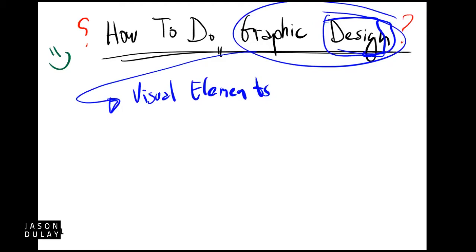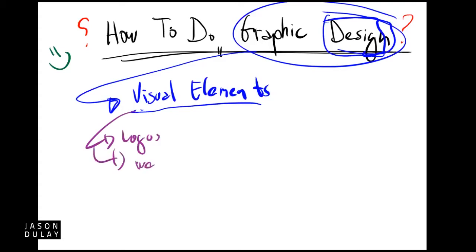It can range from different kinds of things, like logos. That's a very common graphic design. It's where a lot of graphic designers start. Website elements, like the buttons that say buy now or click here, or the images that you create on banners and so on.